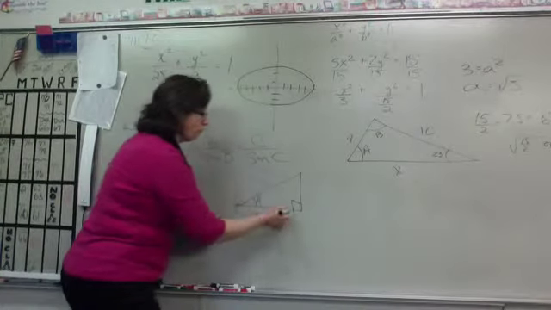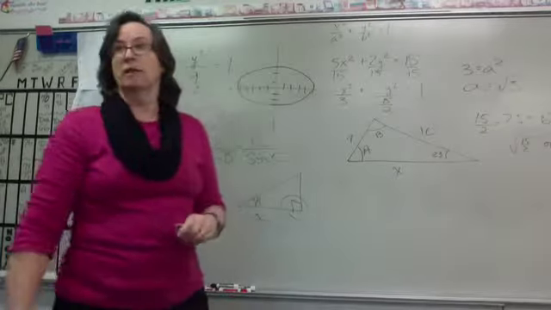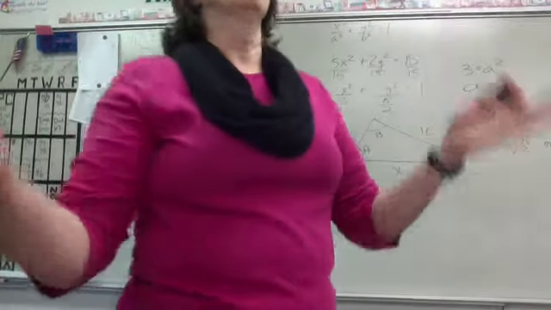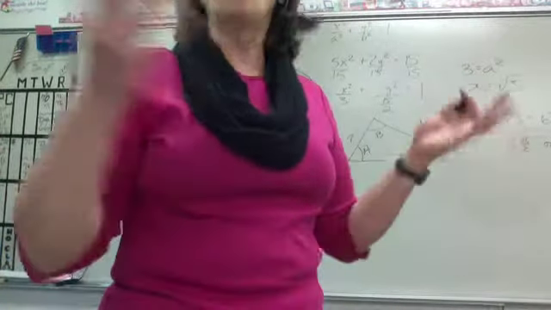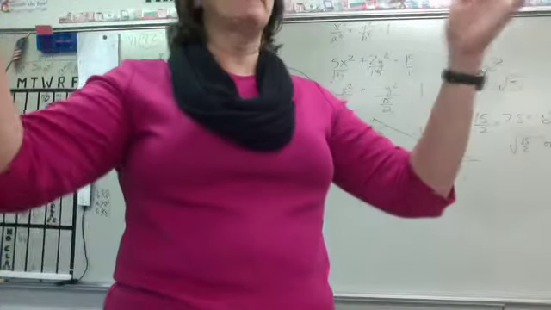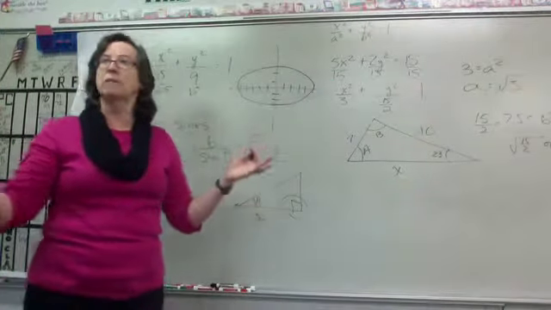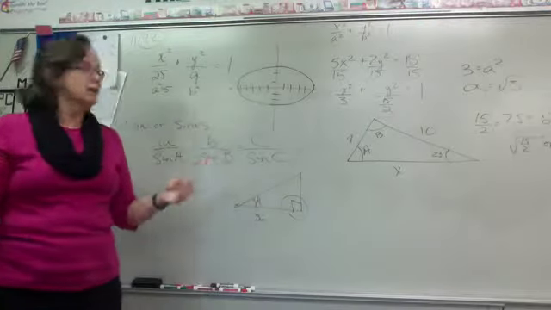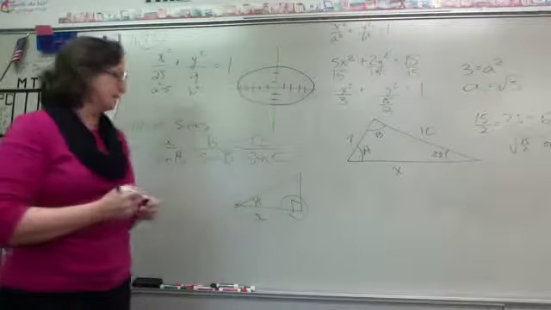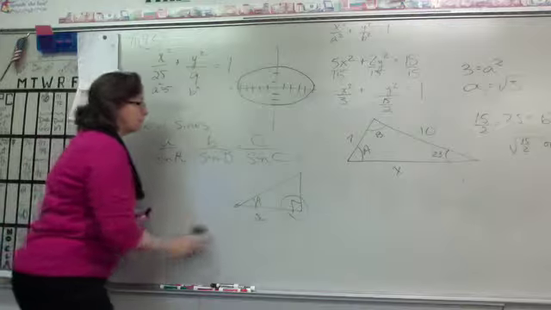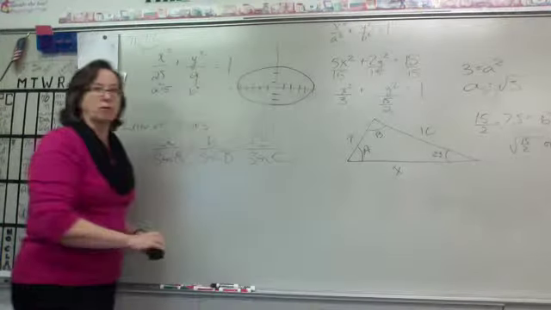The cosine is the adjacent over the hypotenuse. Only right triangles have hypotenuses, so everything we've done before has had to do with right triangles.